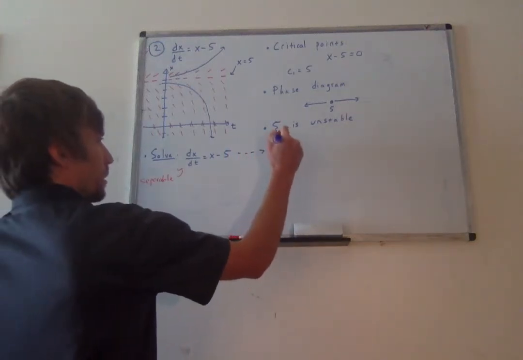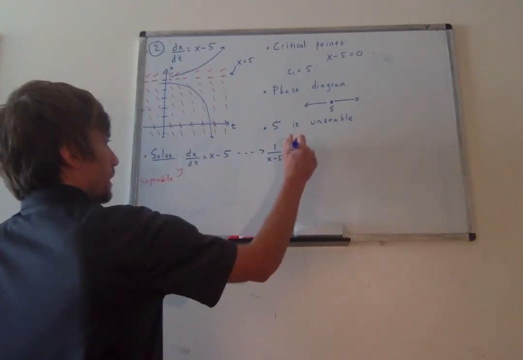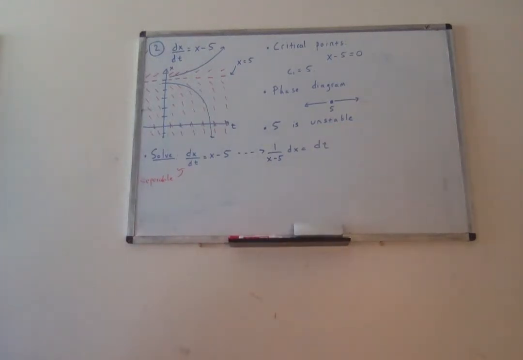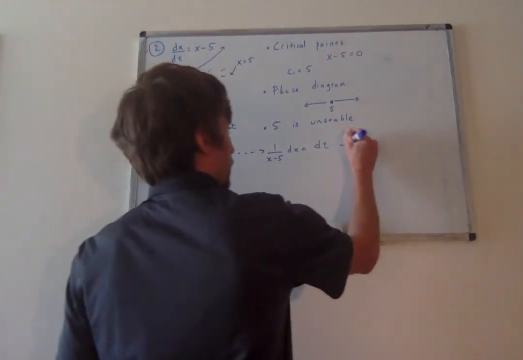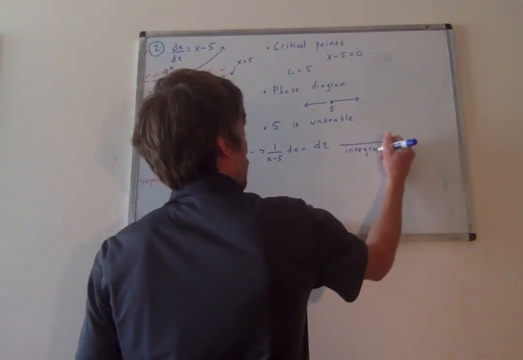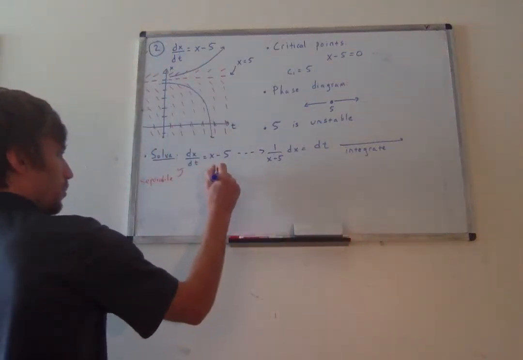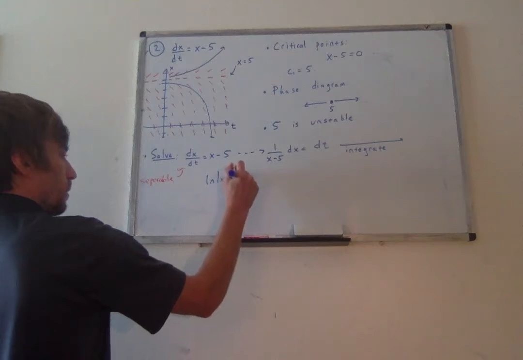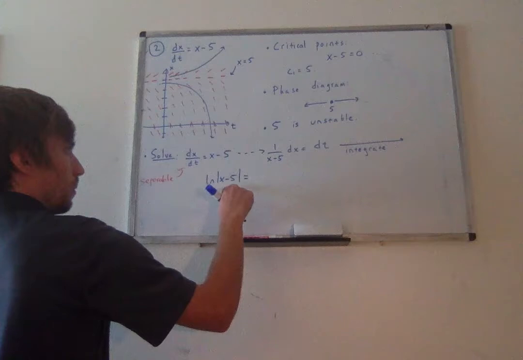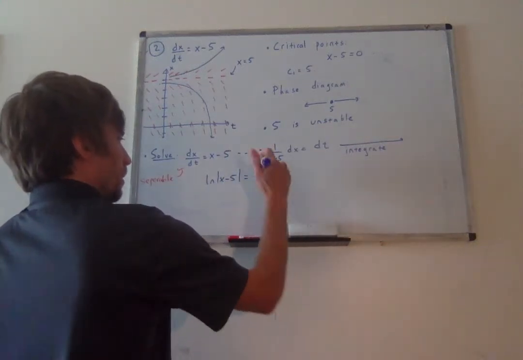I can separate the variables to get 1 over x minus 5 dx is equal to dt. And then I integrate to get natural log of x minus 5 is equal to, getting a little ahead of myself there, t plus c.